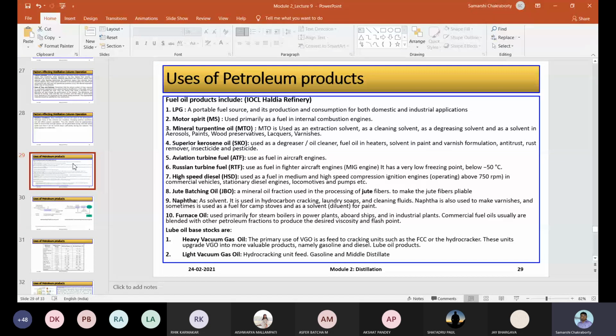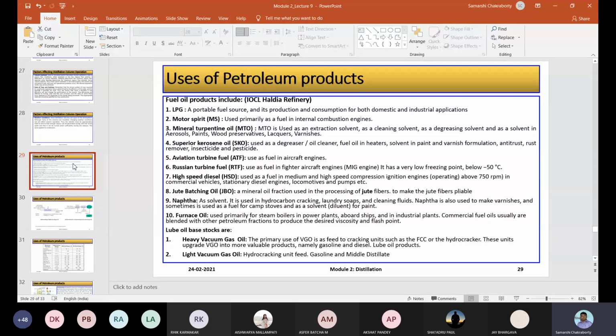So that we'll be discussing later. But since the distillation column itself produces a wide range of products, and under what conditions and for what application these products are used, we will be discussing in this particular slide.